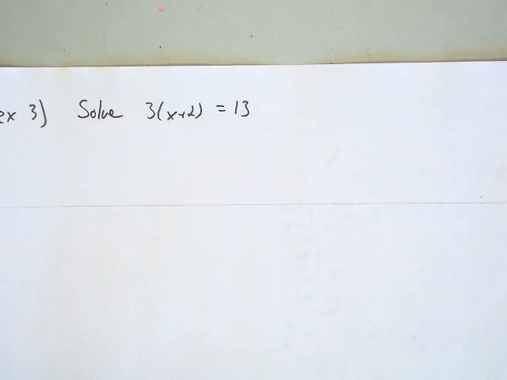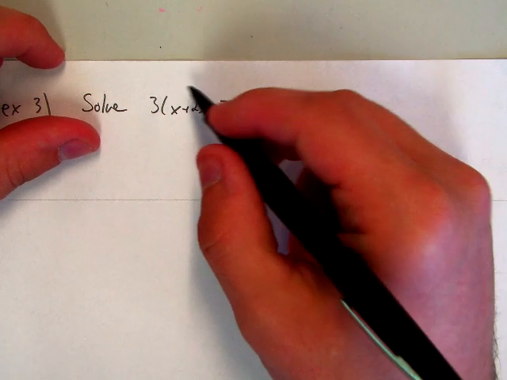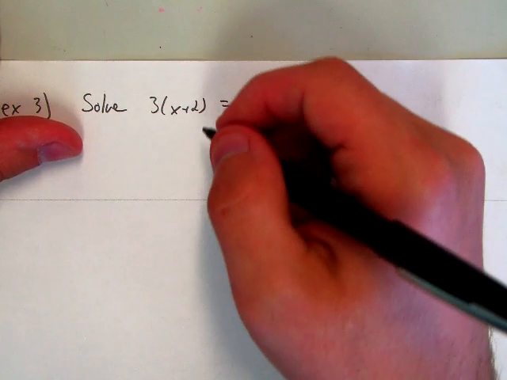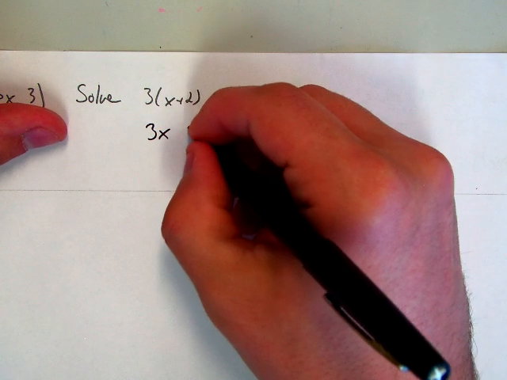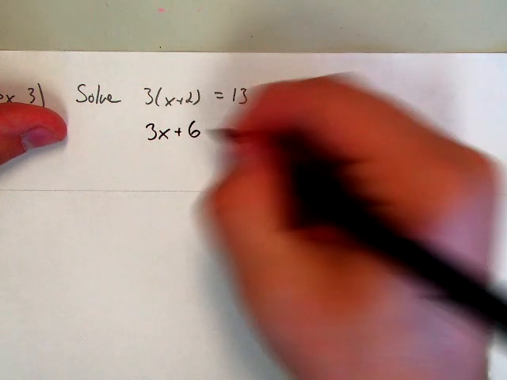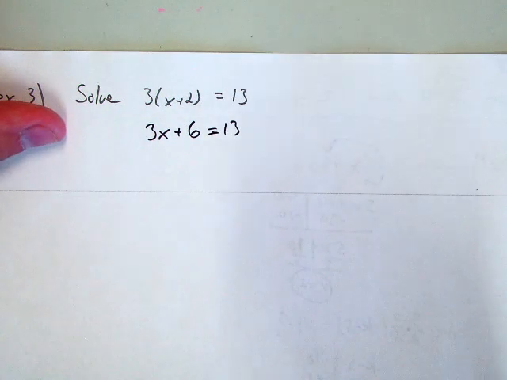All right, let's look at our last example here. Example 3, solve 3 times x plus 2 equals 13. Again, you can either do the distributive property, which I think is going to be the easiest way to do it. So we'd have 3 times x, which is 3x, 3 times 2, which is 6, and then add those because the addition sign in between equals 13.